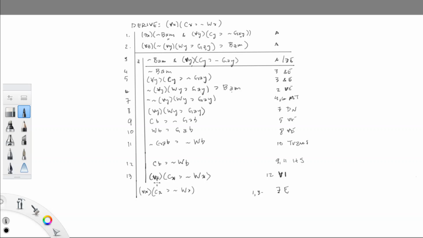So once we have this universal generalization, we can move it to the next outer scope line thanks to the rule existential elimination. The existential generalization that is needed as input for this rule is up on line 1, and then the subderivation runs from 3 to 13. Okay? So there's another little predicate derivation for us.